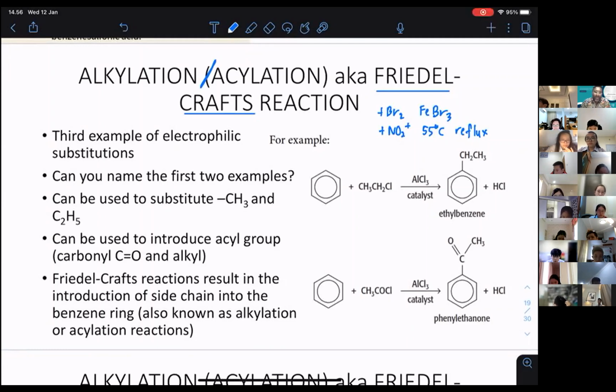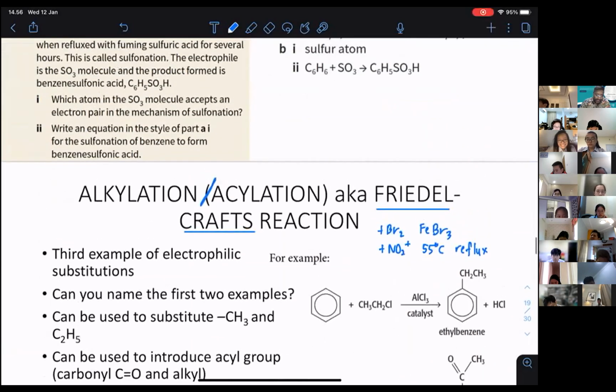Basically we are going to use this reaction to substitute an alkyl group into benzene. If you are wondering how, let's say I have benzene and suddenly you have methylbenzene, how can you form methylbenzene from benzene?